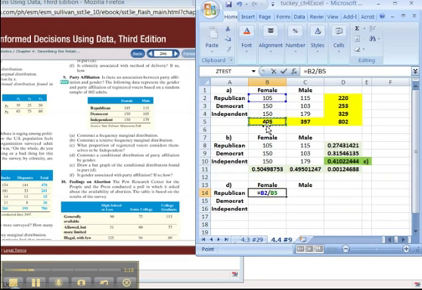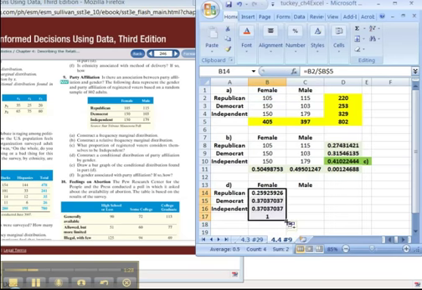I need the 405 to not change, so I give it dollar signs. That way when I drag it, there we go. Notice the bottom makes 1, because 100% of the females are accounted for. So 37% of the females are independents, 37% are Democrats, and 26% are Republicans.